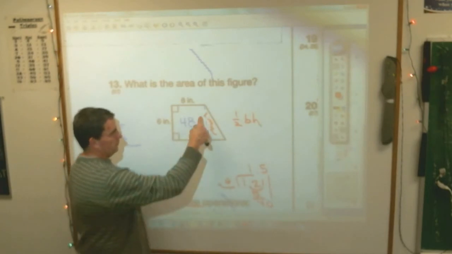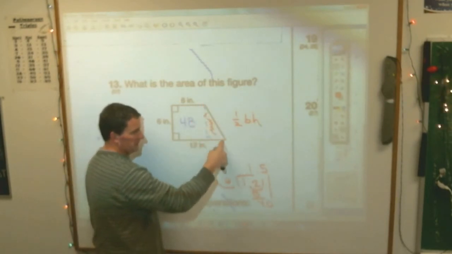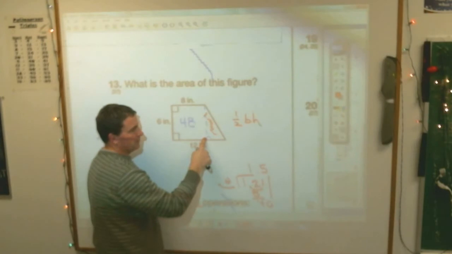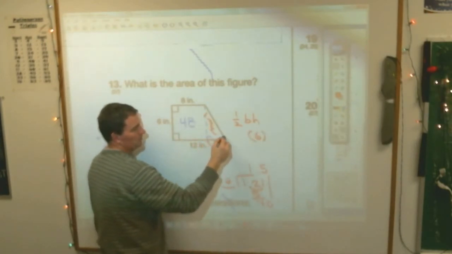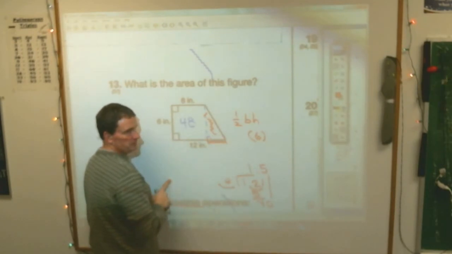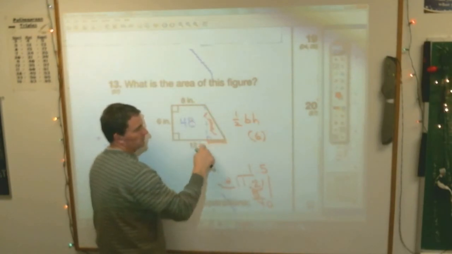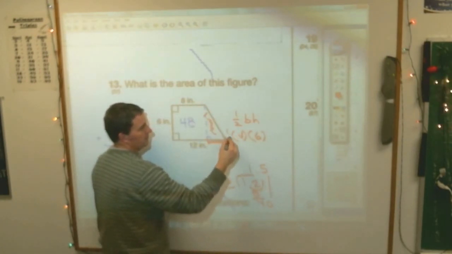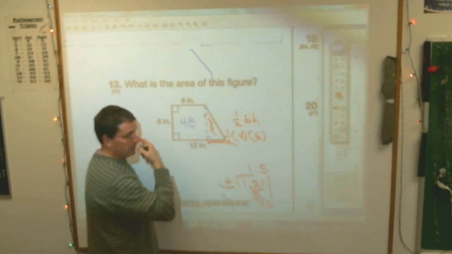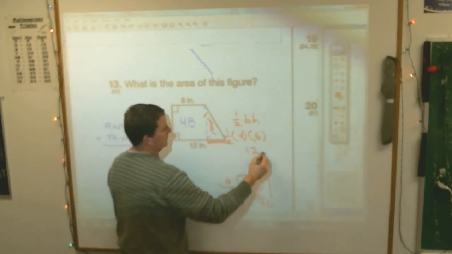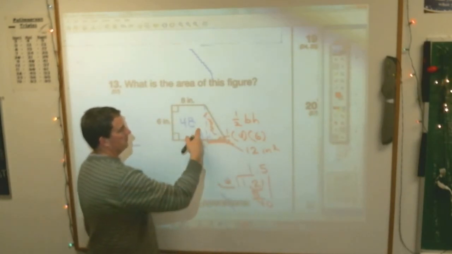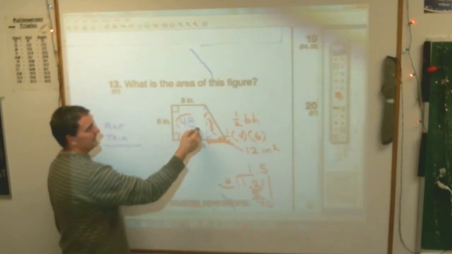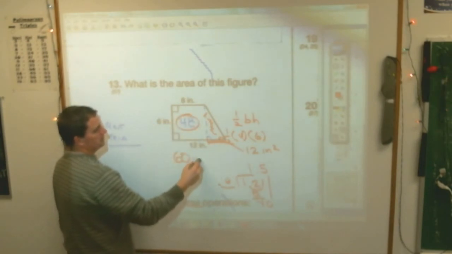If you're looking for the perimeter, you need to know this, but I already know what the base and the height are. They're the two that form the right angles. The height is right here, it's 6. The base, unfortunately, goes from here to here. It's not 12, but it is how far? It's 4, because 8 plus 4 gives you 12. And then you multiply that by 1/2, which any order you want to do it, 24 cut in half is 12. Area is inches squared. Oh, I'm sorry. 12 is just the triangle, and then you have to add that to the 48 to get 60 inches squared.